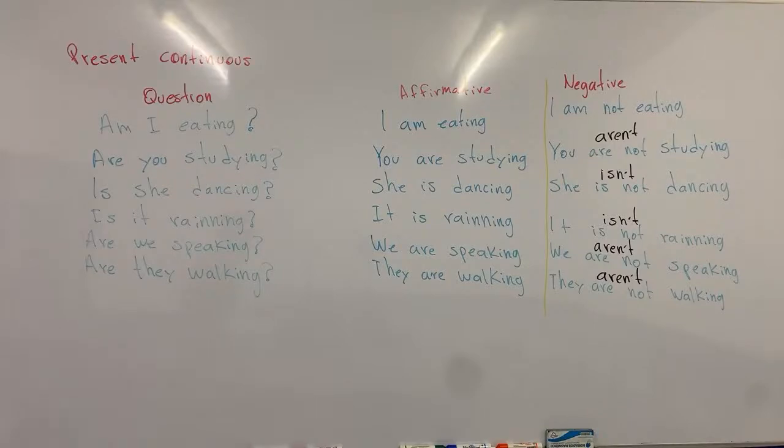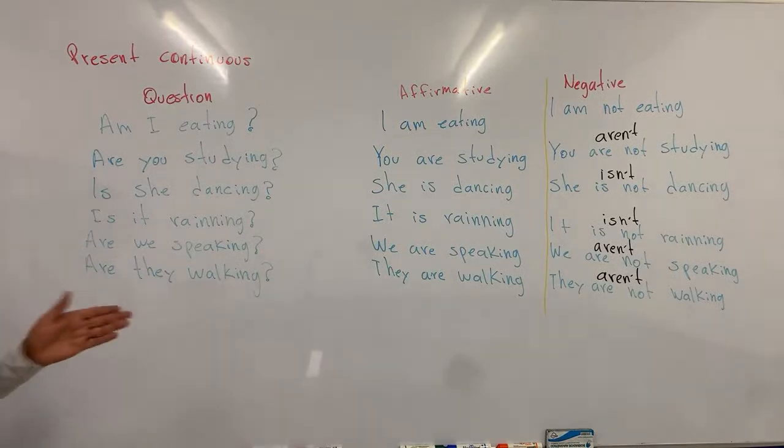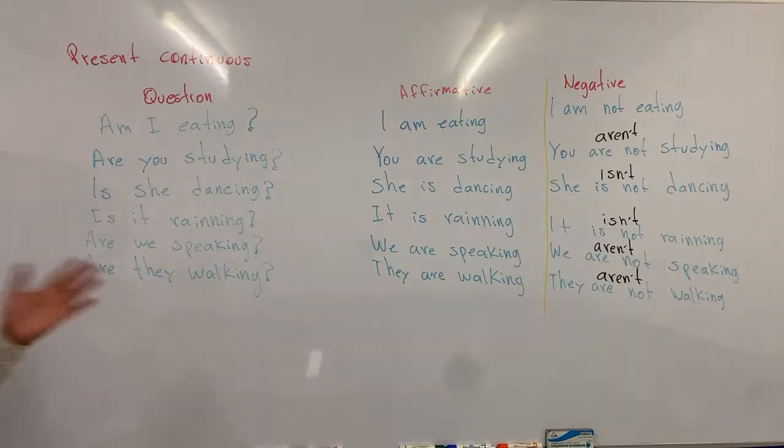Now, how to structure the present continuous. Now, como puedes ver, the present continuous is formed with the verb to be and the main verb with the ing, right? The verb to be must be conjugated according to the subject of the sentence.